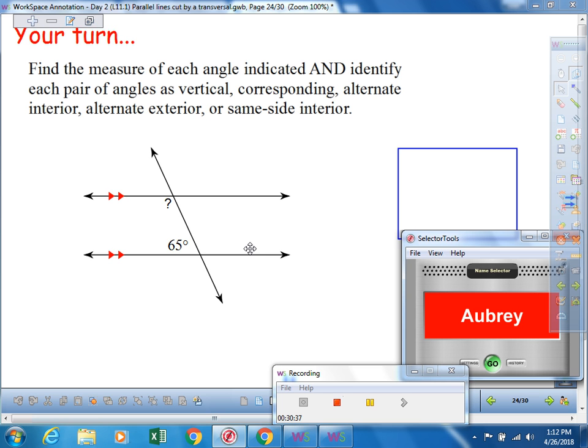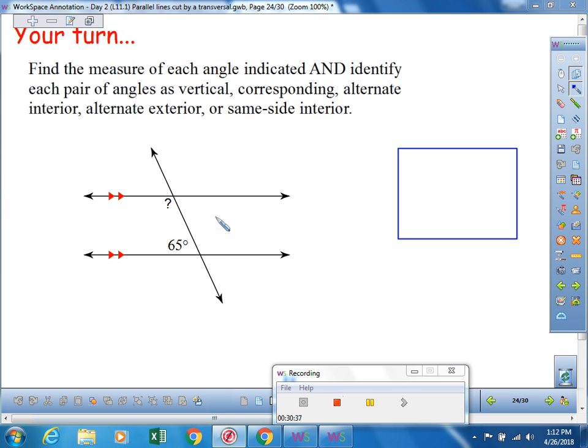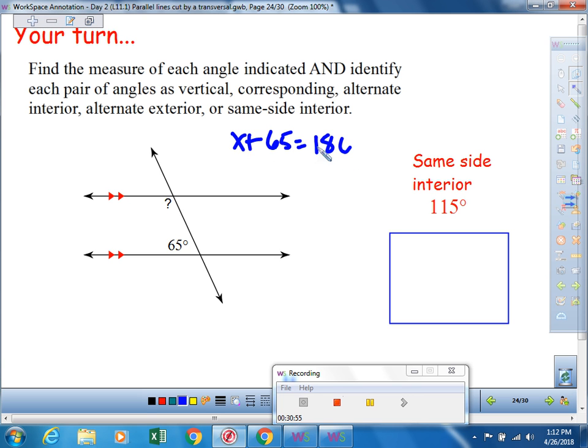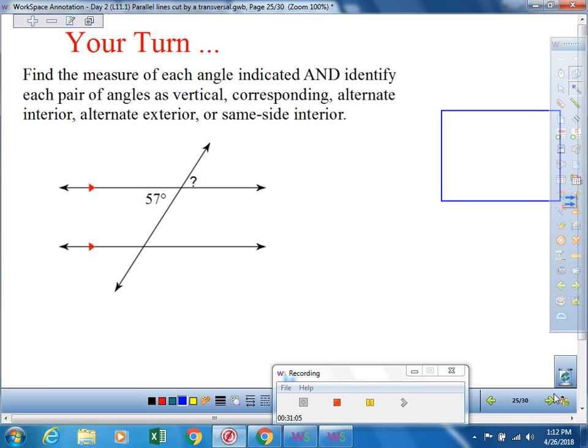Aubrey, what do you have? Yes, remember, that's the one that you have to do. X plus 65 equals 180. So when I subtract, I get X equals 115. Okay, next step. That's the only one that you have to do all that work for. Okay, go.